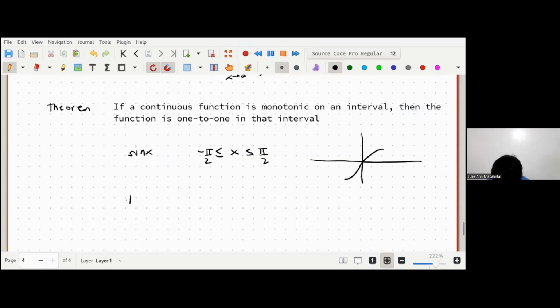Yung tangent, actually similar yung behavior niyan eh. Yung minus pi over 2 to pi over 2. Yung graph niyan, di ba, ganito? So may asymptotes, tapos goes to infinity, magzi-0, and then goes to minus infinity.